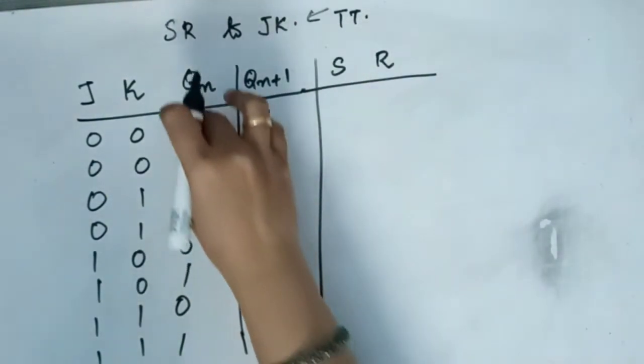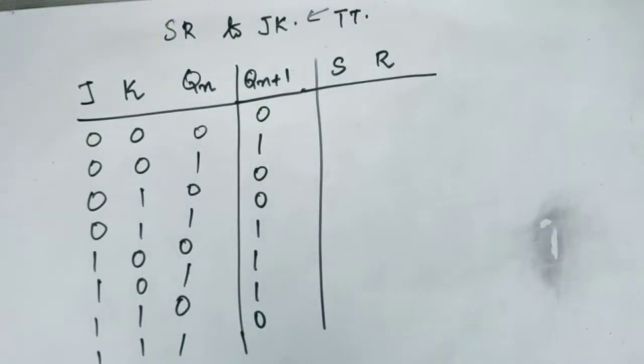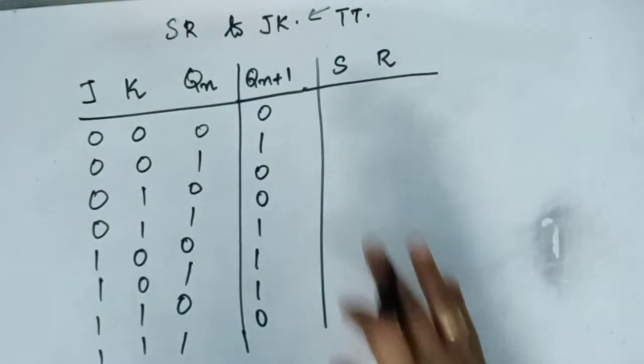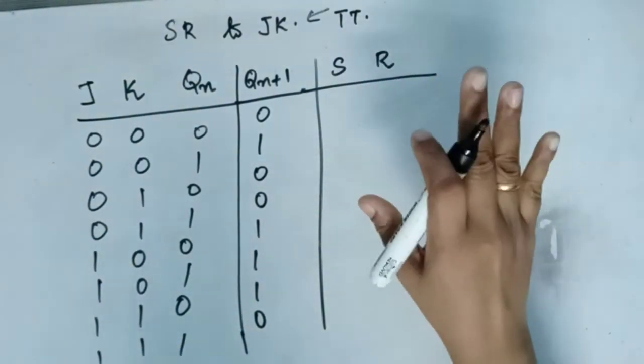So how will you find out what the inputs S and R should be? If you know QN and QN plus 1, you can find out what S and R should be. If you have a QN, in order to get a particular QN plus 1, this S and this R should be given.